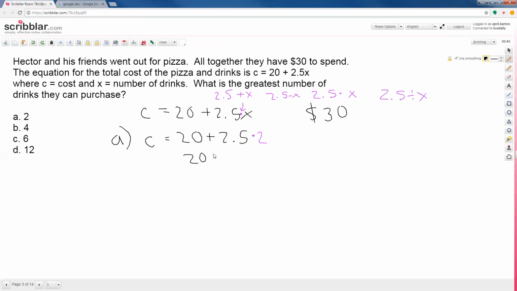So 20 plus 5. And now we can do the addition. Gives us 25. We know they spent 30, so it's not the $25, which means it wasn't 2 drinks. So we tried that answer choice, and now we try the next one.